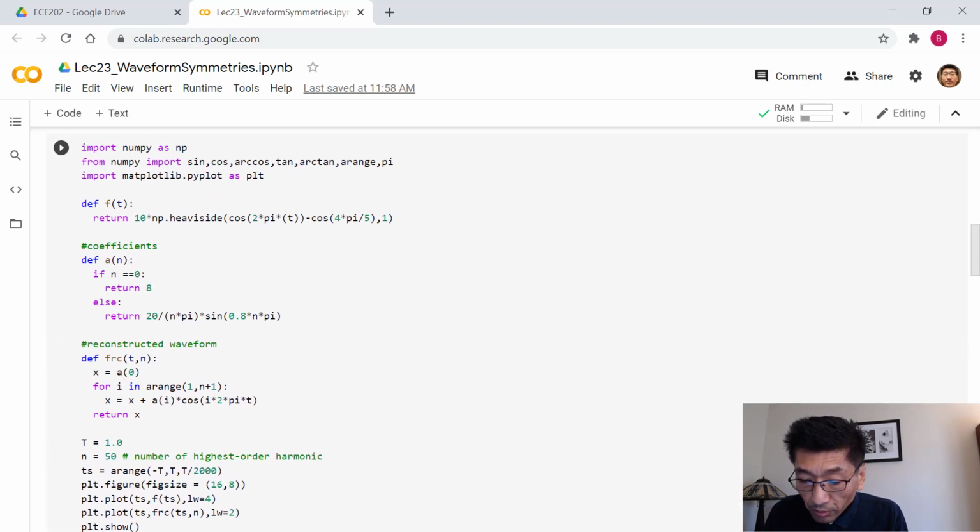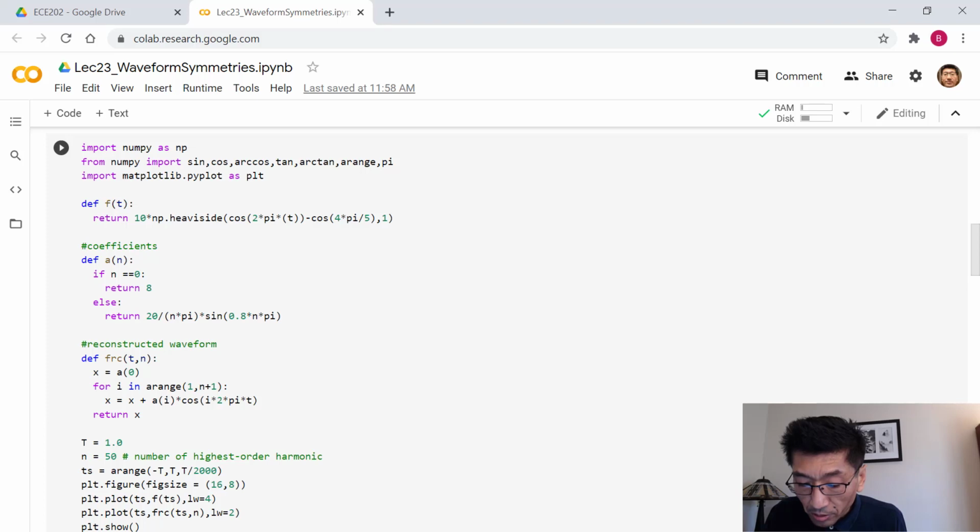And for the Fourier coefficients, I define them here in this function, where n is the argument. If n is equal to 0, I return 8. And if it is non-zero, I have 20 over n pi times sine 0.8 n pi.